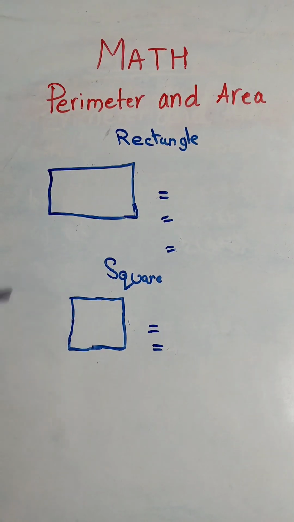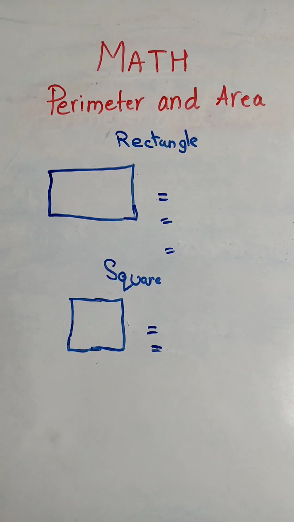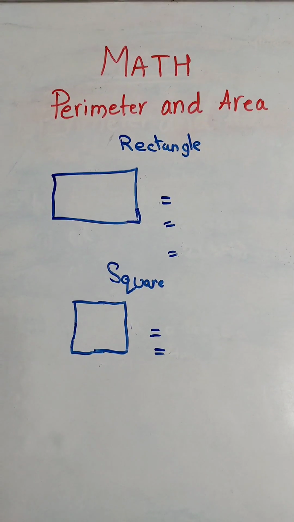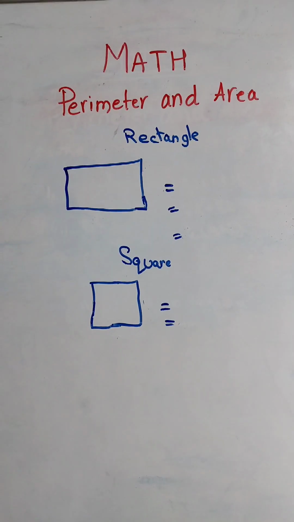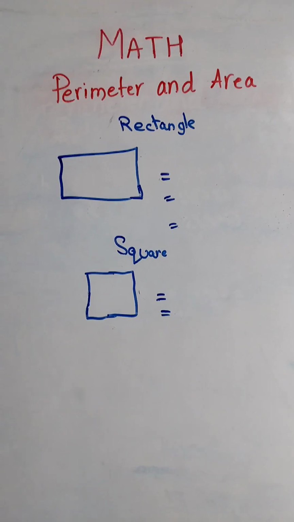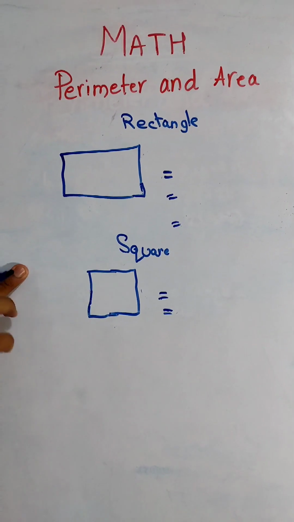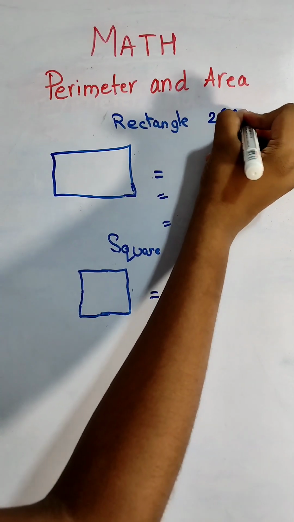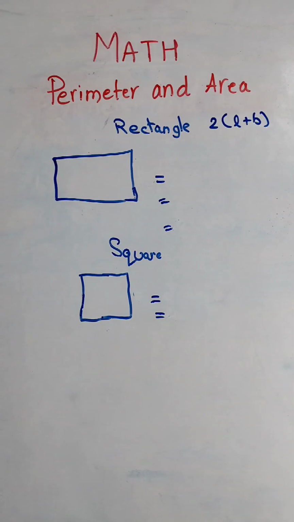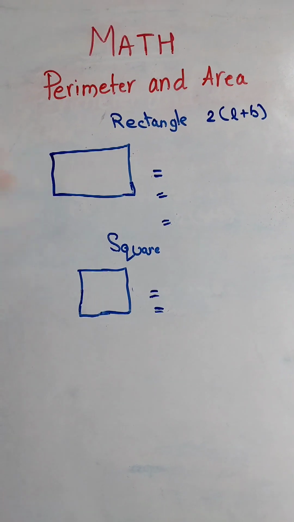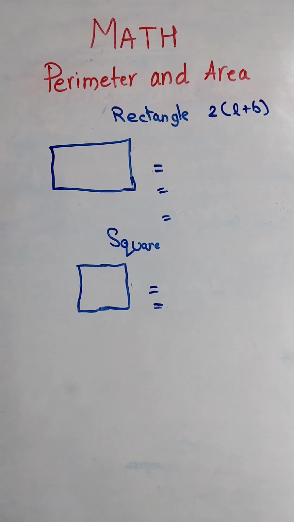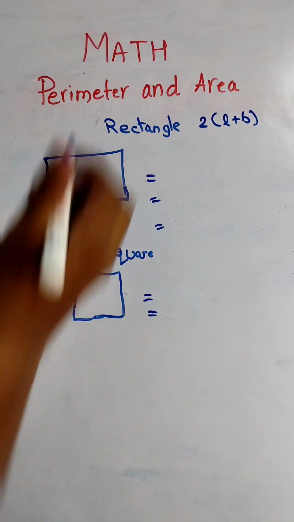Now let's get started with the values. Let's take the rectangle's example itself. We've learned that the rectangle's perimeter is equal to 2 into L plus B, and we saw how 2 into L plus B comes about. Now let's take an example to understand this better.